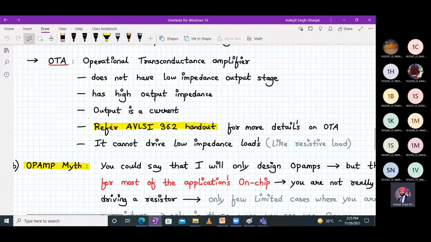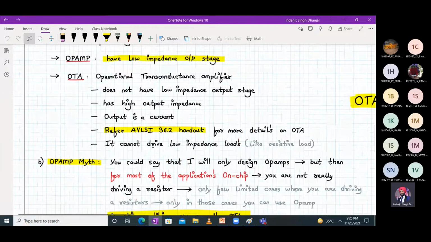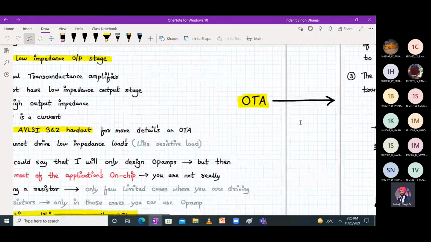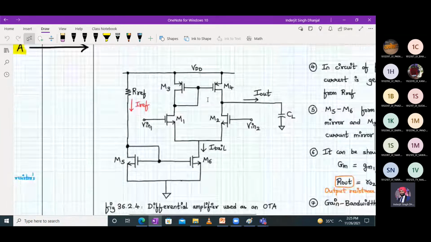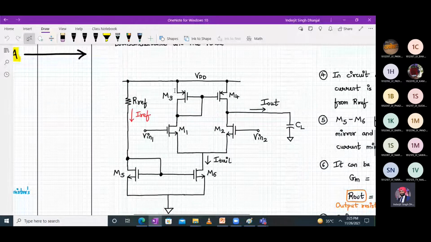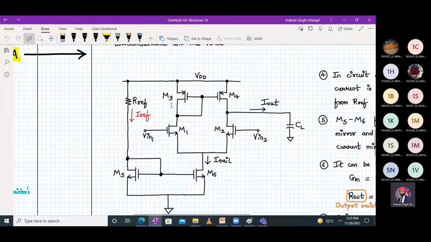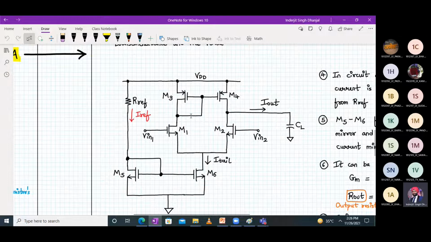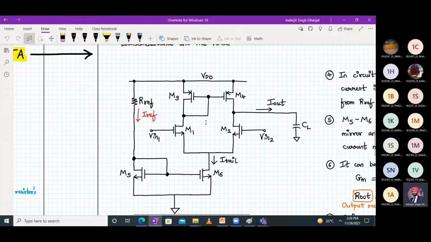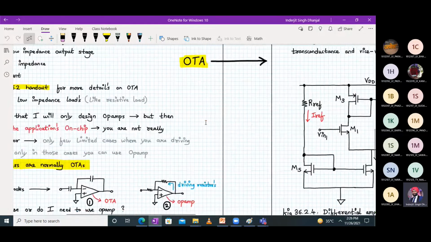We can refer to the 36.2 handout for more details on OTA; I have pasted the contents here itself. This was your 5 transistor OTA, wherein the biasing voltage for M6 is generated by the current mirror M5 transistor, and I reference is generated with the help of R reference. This was the single stage OTA we were talking about.